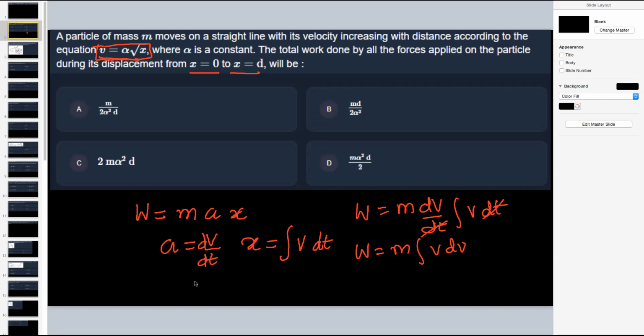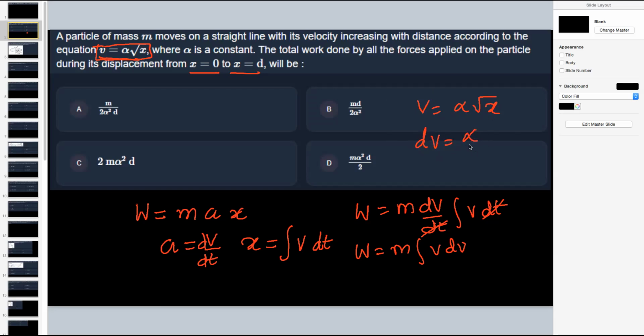Can I do like this? Now what is v here? v equal to alpha root x. Then what is dv? Differentiate both sides.